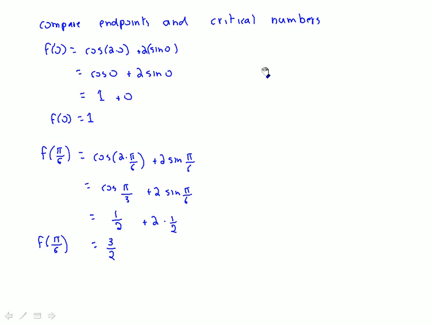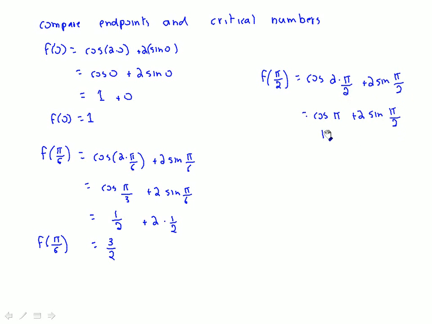Then we go on to the next one, which is f at pi over 2. So f at pi over 2 is equal to the cosine of 2 times pi over 2 plus 2 times the sine of pi over 2. Now that's equal to the cosine of pi plus 2 times the sine of pi over 2.